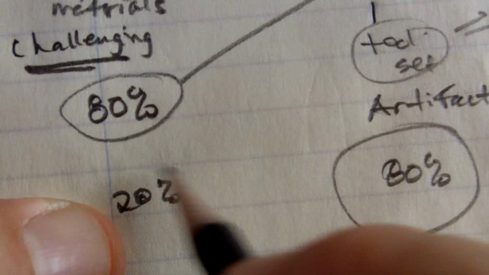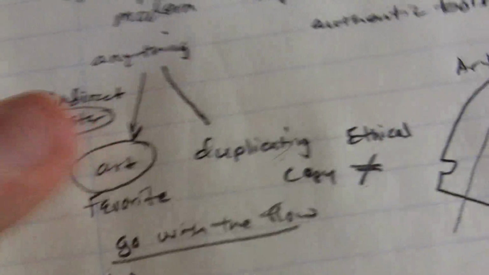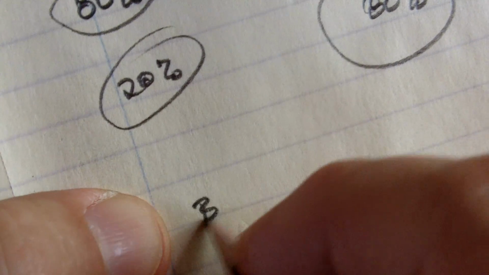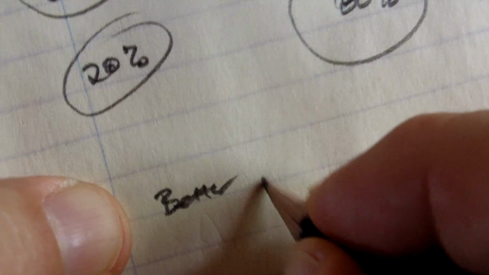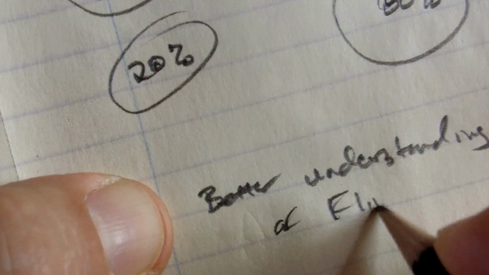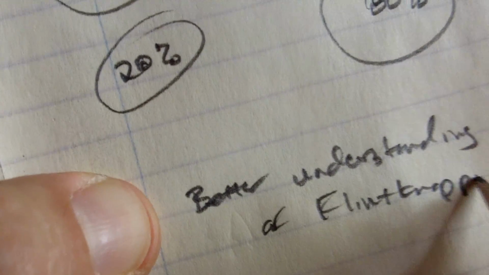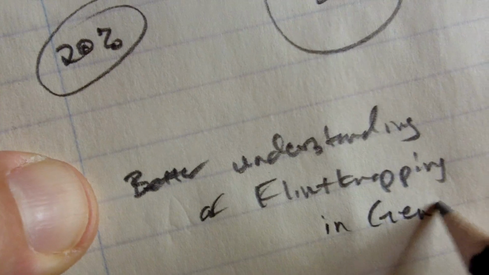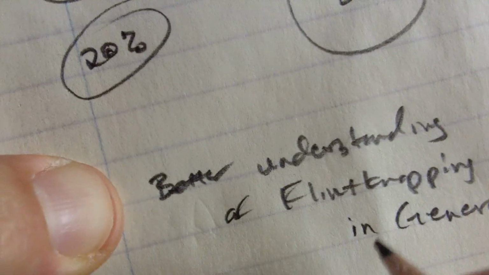But it's going to change, like I said, over time, so that hopefully after everything is said and done, we can have a better understanding of flint knapping in general. So I think it's important to explore both sides.